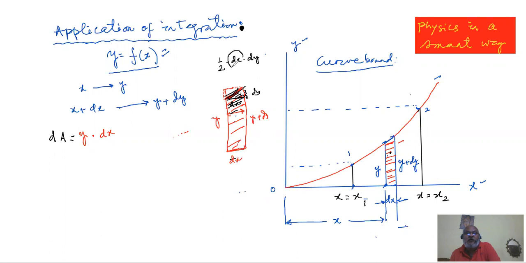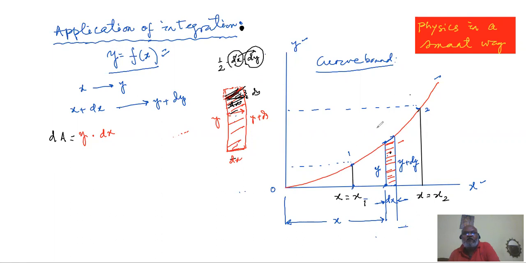You know dx and dy are elementally small quantities, extremely small quantities. Their product will be very, very small, and they can be safely neglected, as I have told you before. So the area approximately you consider is y dx.